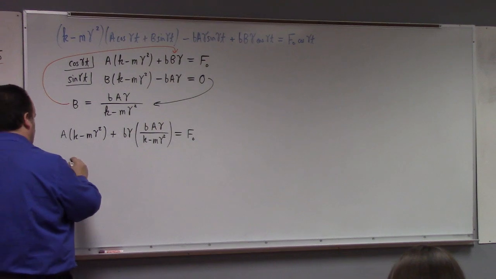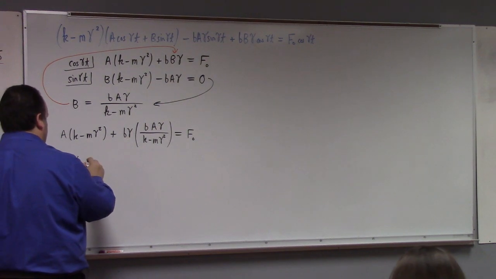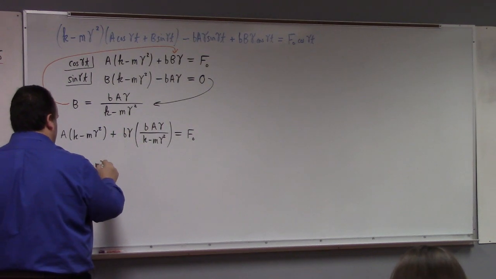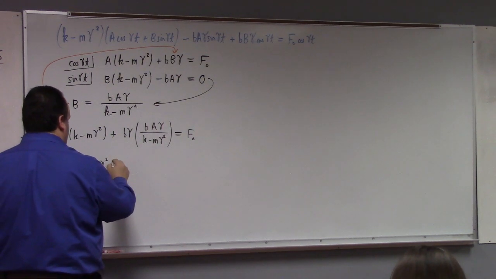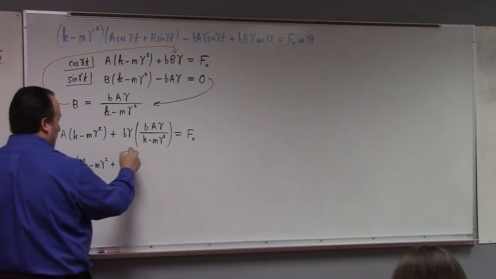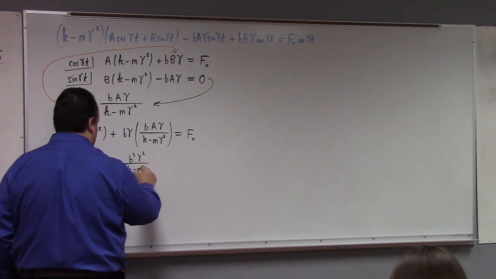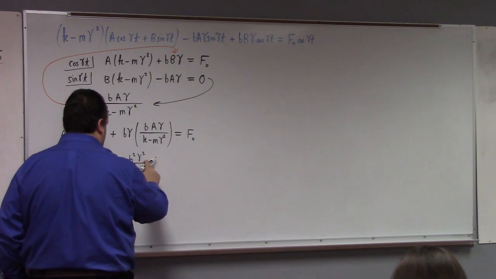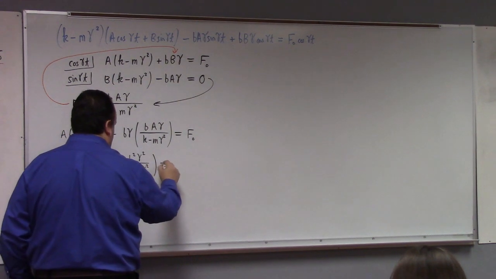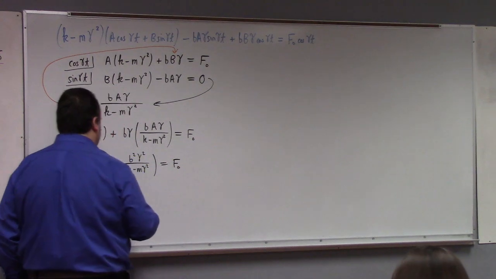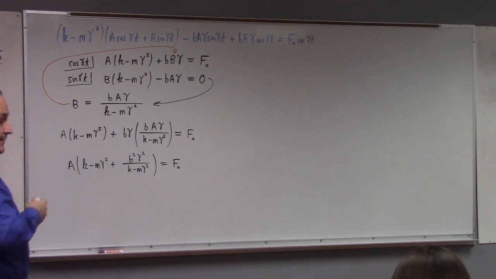So what we have then is A times (k minus m gamma squared) plus, apparently, b squared gamma squared over (k minus m gamma squared) equals f naught. All right.